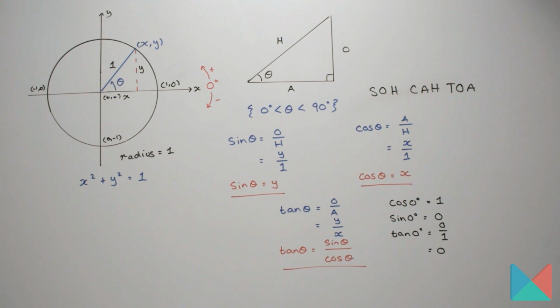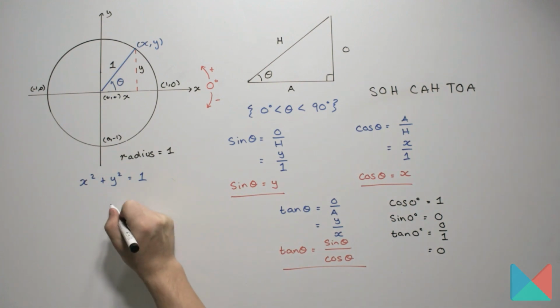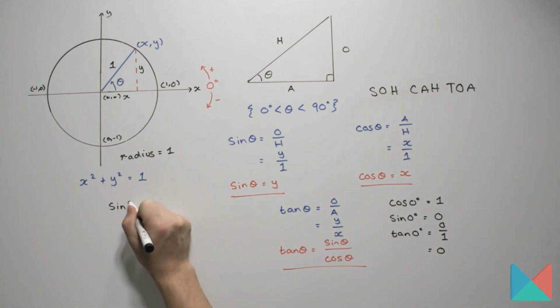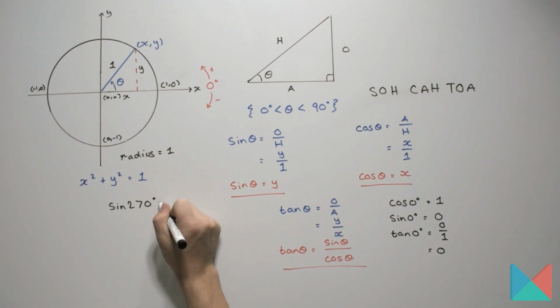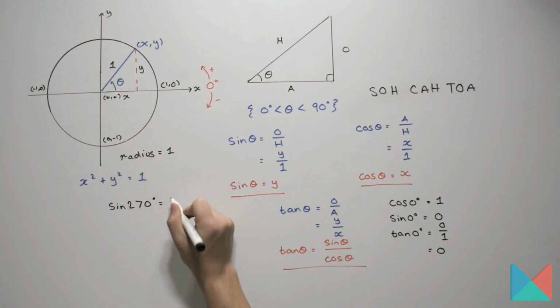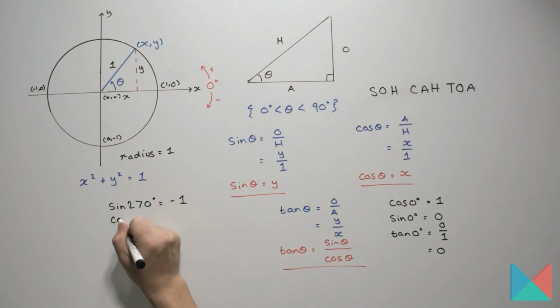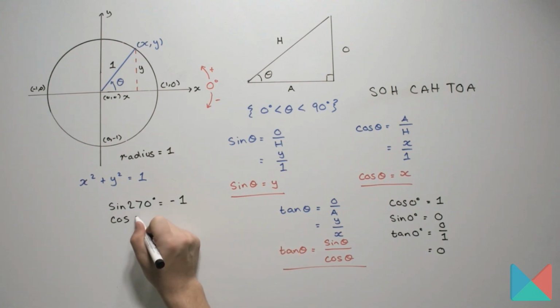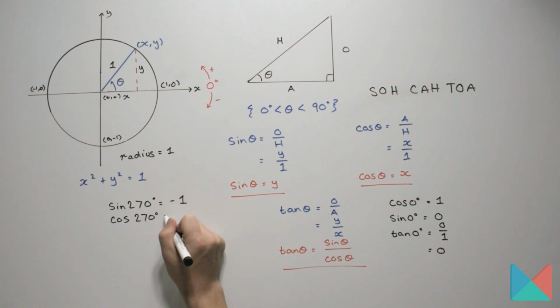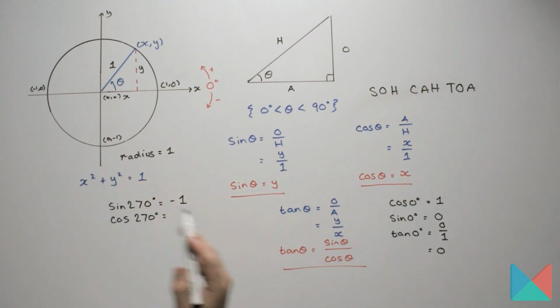So sine of 270 degrees is equal to our y coordinate, which is -1. And what about cos? Cos of 270 degrees is equal to our x component, which is 0.